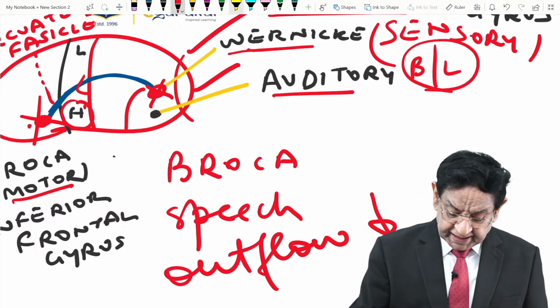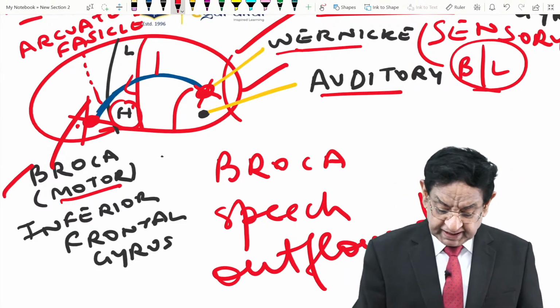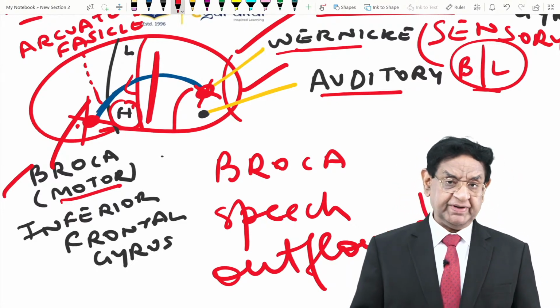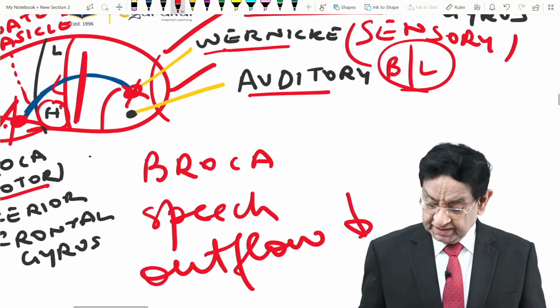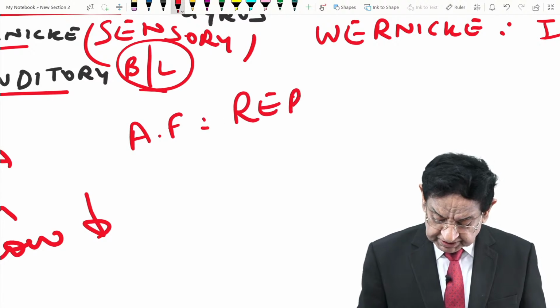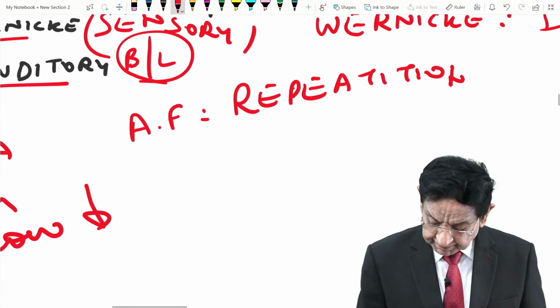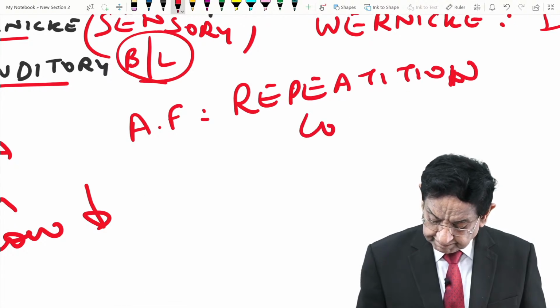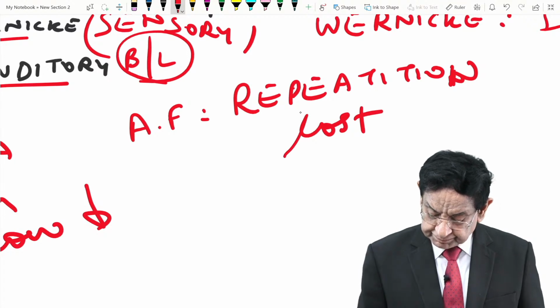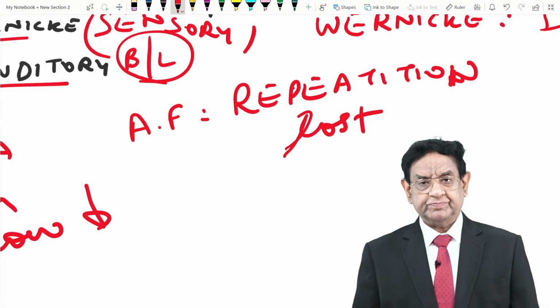Suppose Wernicke area is all right and Broca area is all right, and the defect lies in arcuate fasciculus. In arcuate fasciculus, repetition is lost.